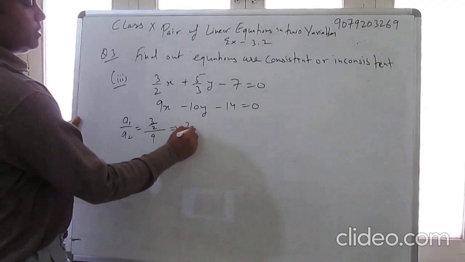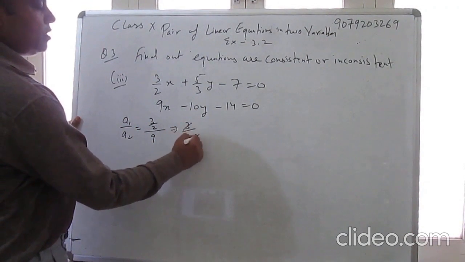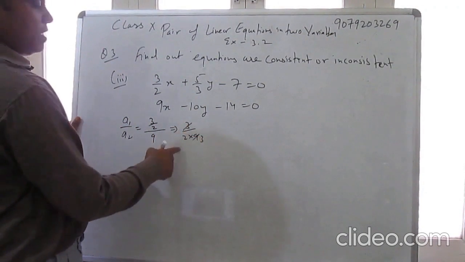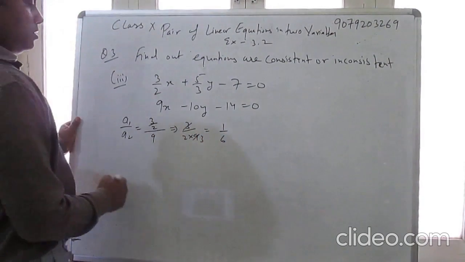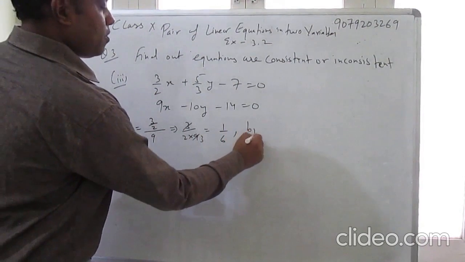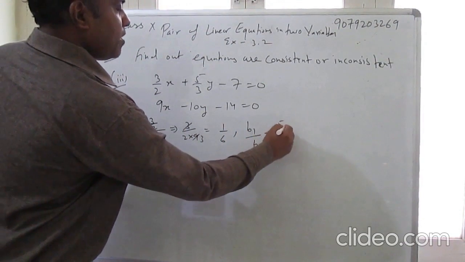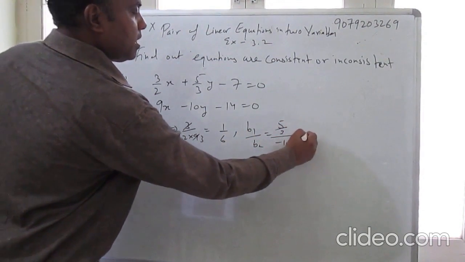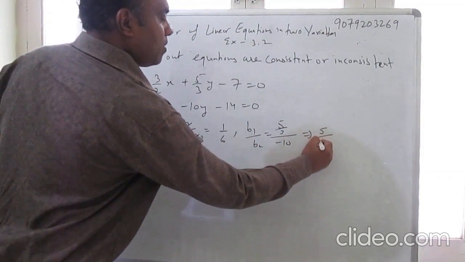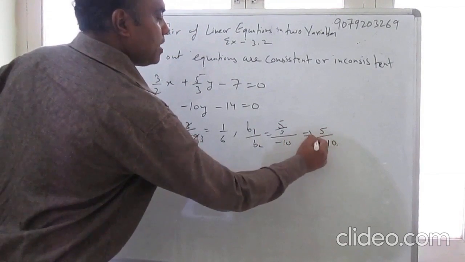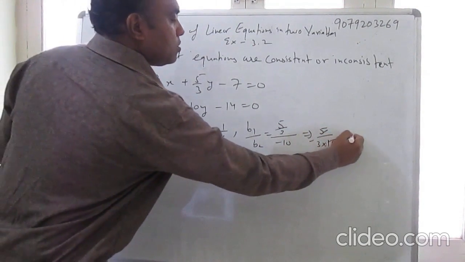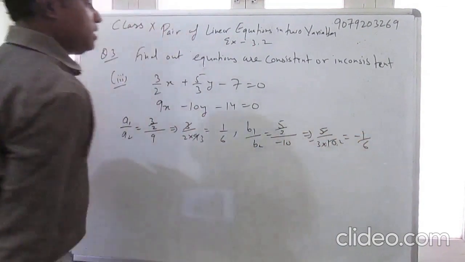This you can write as 3 upon 2 into 9, cancel out, and a1 upon a2 is 1 upon 6. Now b1 upon b2 is 5 by 3 upon minus 10, this will come out 5 upon 3 into minus 10, the minus will come here, so it is minus 1 by 6.